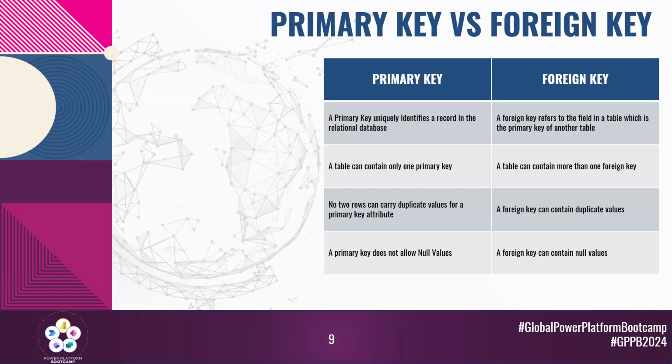It's very possible that your foreign key will be empty. If there's no eventual sale at the end of the day, you might just have an order ID, but there's no product attributed to the order. That's why we say that the foreign key can contain null values.